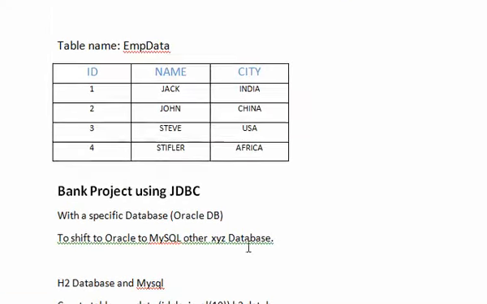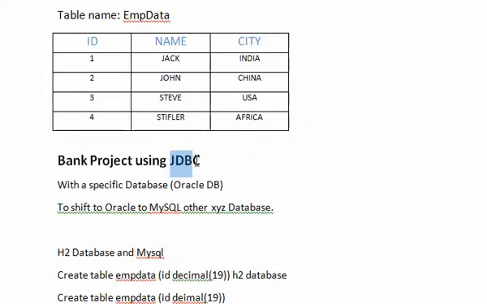Just think that I have developed this project using Hibernate. Just forget about JDBC. Now we'll talk about Hibernate. Now I have created a bank project using Hibernate, and I have created my project using Oracle database, and I want to migrate from Oracle to MySQL.